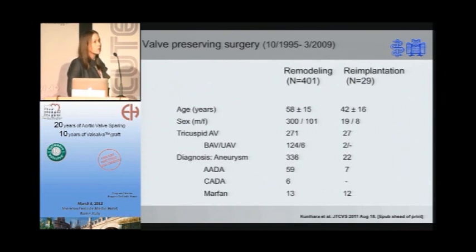I would like to show some of our data. This is an analysis we did 3 years ago, and you see that we do both techniques in different valve morphologies like tricuspid, bicuspid, and unicuspid aortic valves, and also in different pathologies like type A dissections.